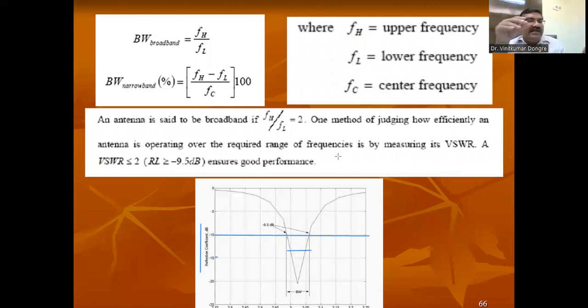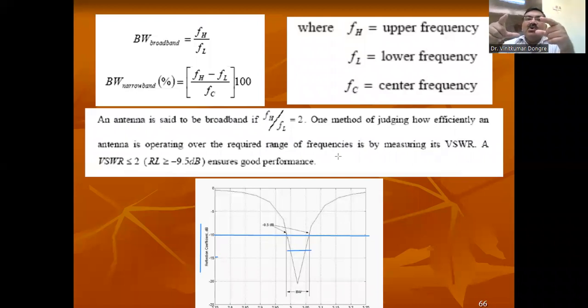You have designed an antenna. Any antenna you have designed, for what purpose? Maybe transmitting or receiving. Suppose we take the example of RFID. In India, RFID uses a frequency of 867, 868 is the band.